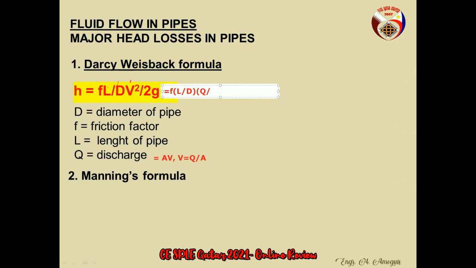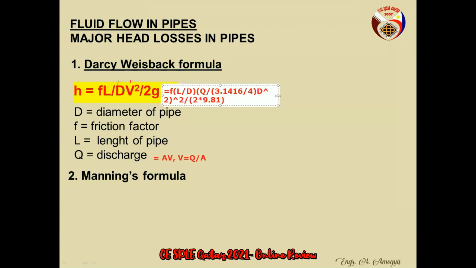Your area is pi over 4 D squared, so 3.1416 over 4, then D squared. Right? That's the area. So Q over area, then square it, then over twice 9.81.